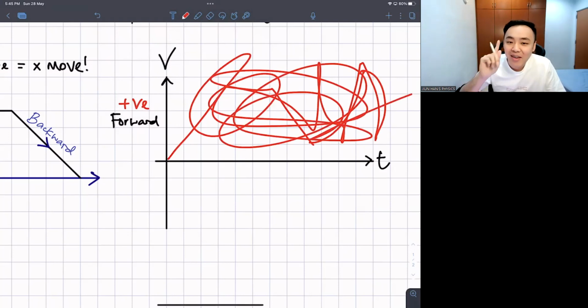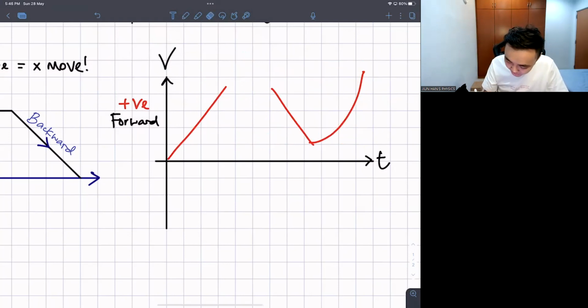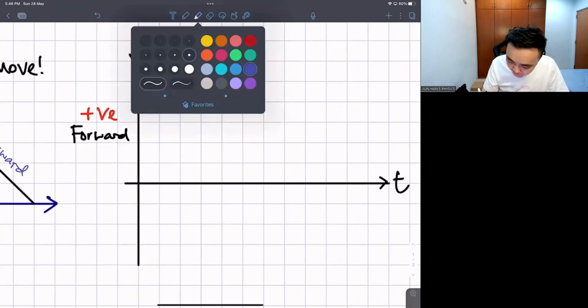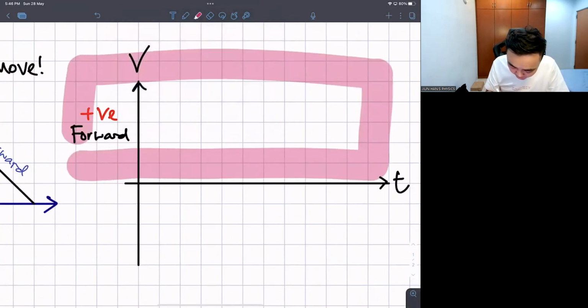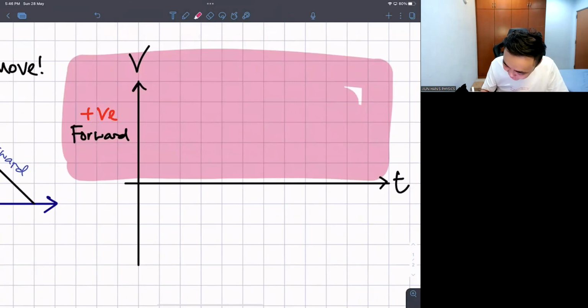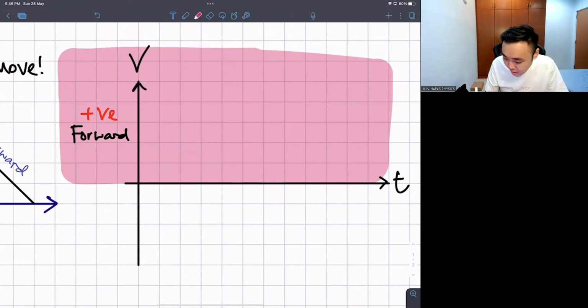All of them are forward. Why? Because you are at the positive side. Do you understand what I mean? Everything here, the part I highlighted, I am making it nicer for you. I highlight all of this: you are going forward. Understand?